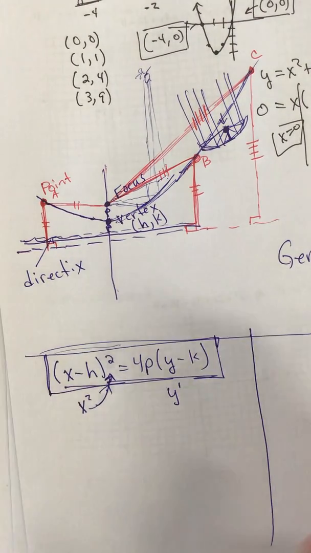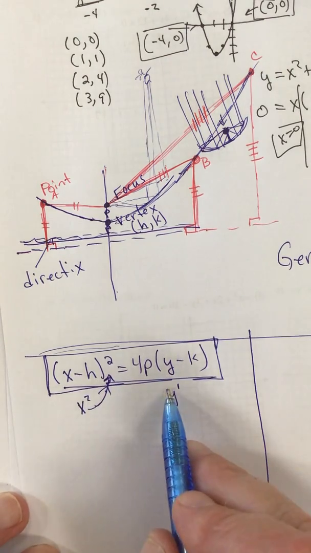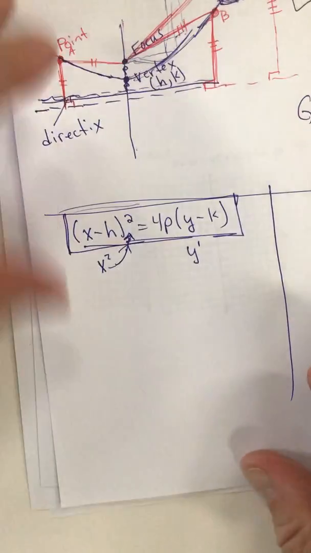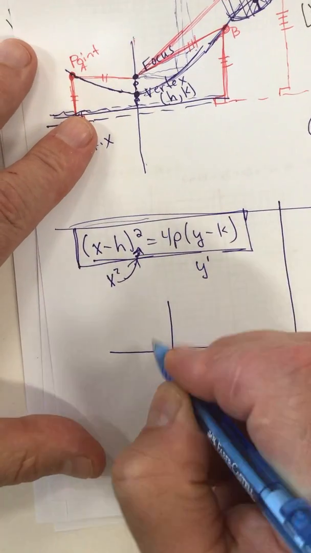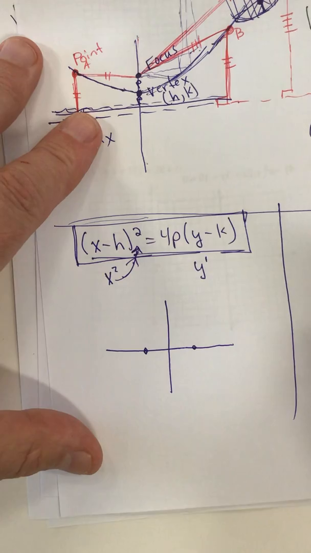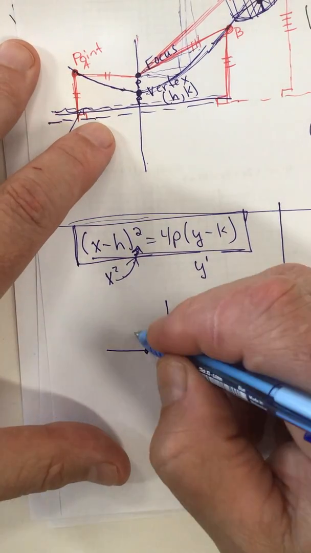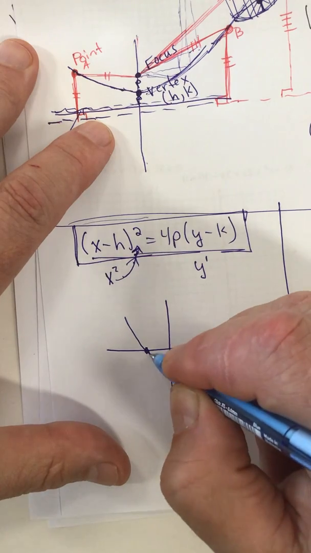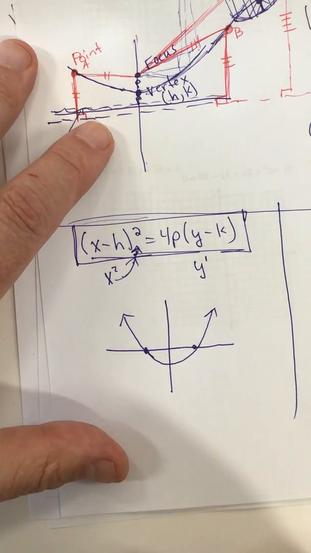That's telling you that it's potentially going to cross the x-axis twice and the y-axis once. Crossing the x-axis twice means it's going to have two dots there and only cross the y-axis one time. That means it's going to look something like this. It's an up parabola. This is the kind that we've been dealing with all the time.